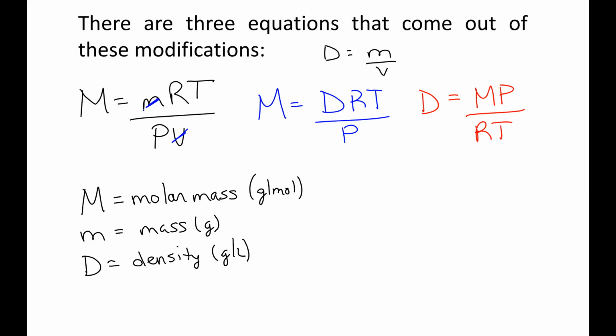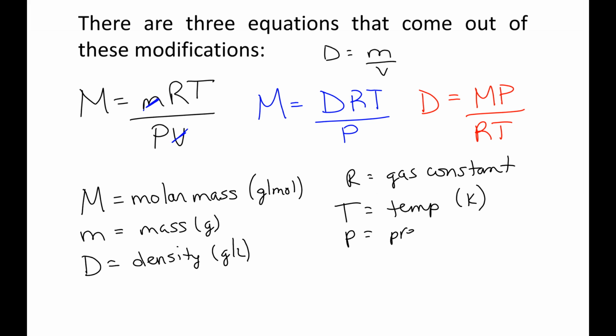And you should know the rest. R is the gas constant. T is your temperature in Kelvin. P is pressure, and of course any of the units on that one, and V is volume, and that volume is in liters.